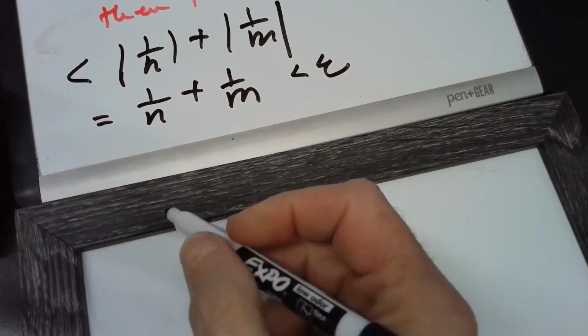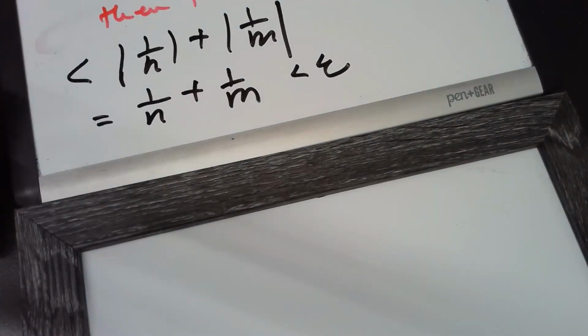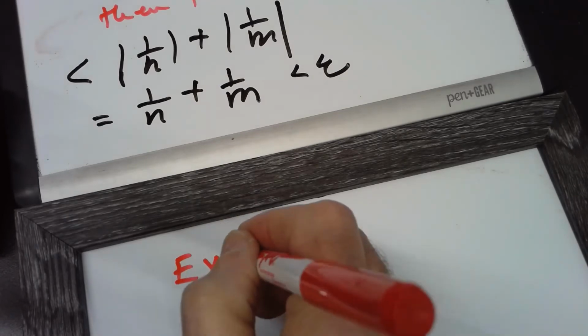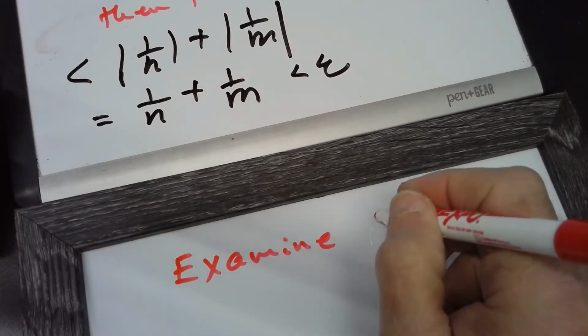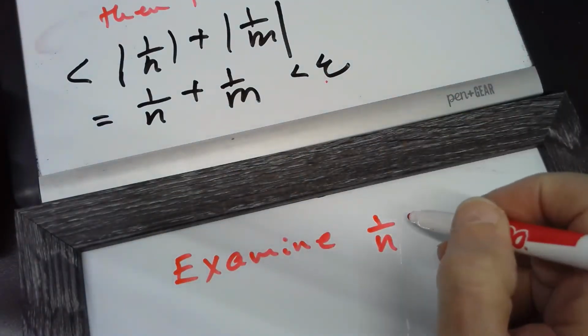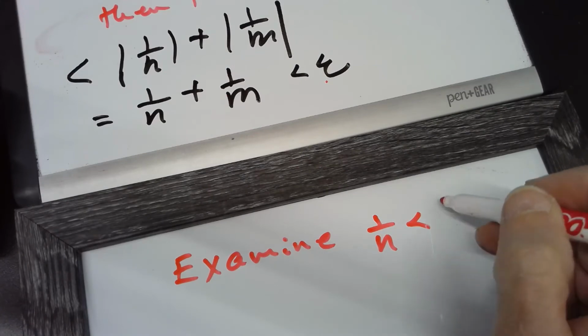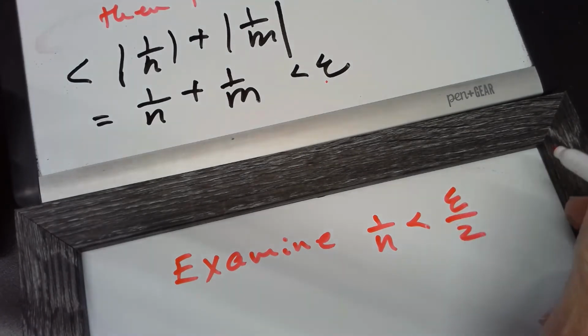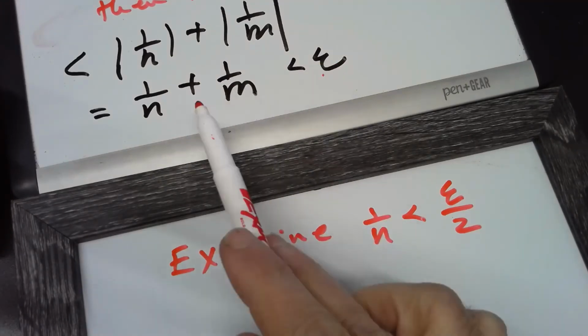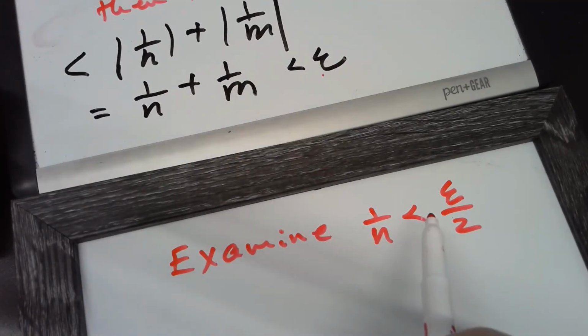So let's examine 1 over n. Since 1 over n plus 1 over m is less than epsilon, then 1 over n is less than epsilon over 2.